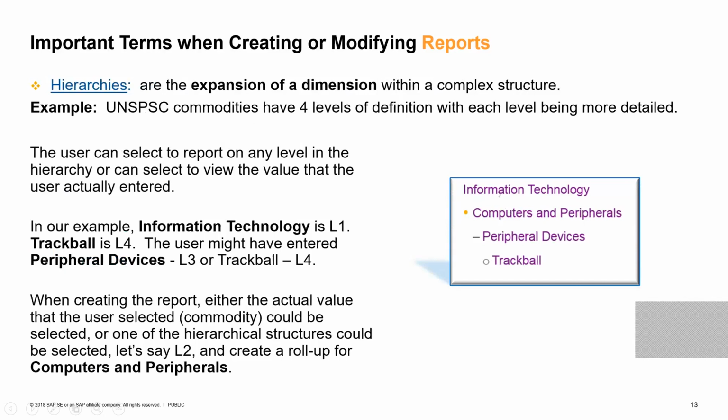So you can choose to which level you want to display the results. In this example, information technology is level 1, computers and peripherals level 2, peripheral devices level 3, and trackball is level 4. So when you create the report, you can select the hierarchical level that you want to display in the report.